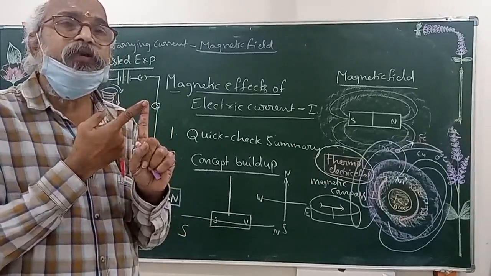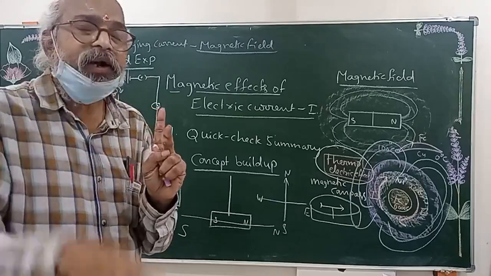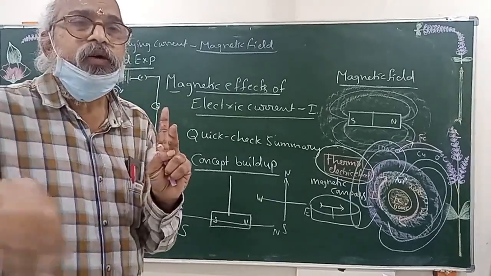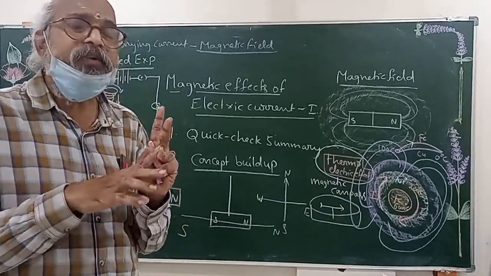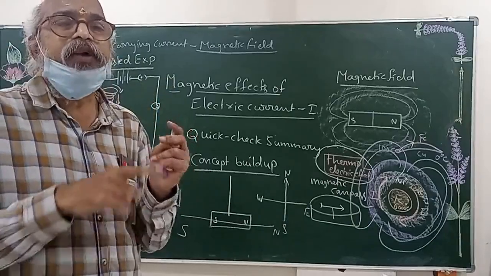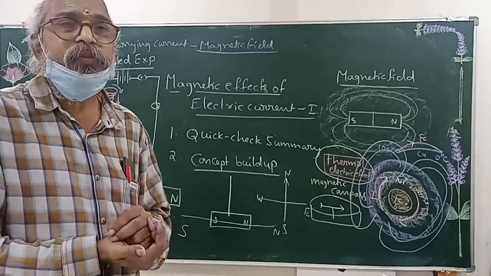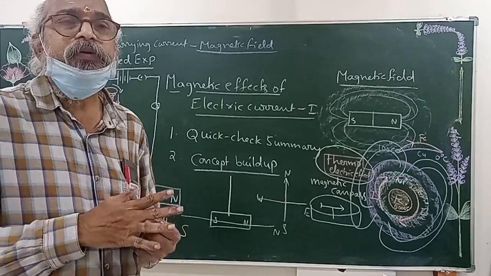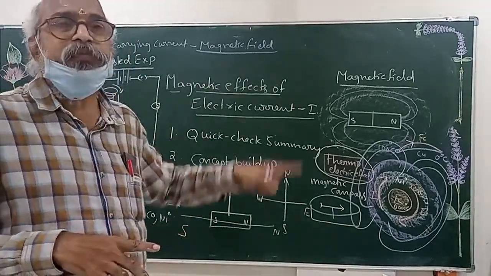First, a conductor carrying current produces a magnetic field. Number 2, a conductor carrying current produces closed loops, shown by sprinkling iron filings. Third, how to get the direction of the field produced around it. The fourth and fifth experiments we will come to in the next session. So please care about all these important aspects.